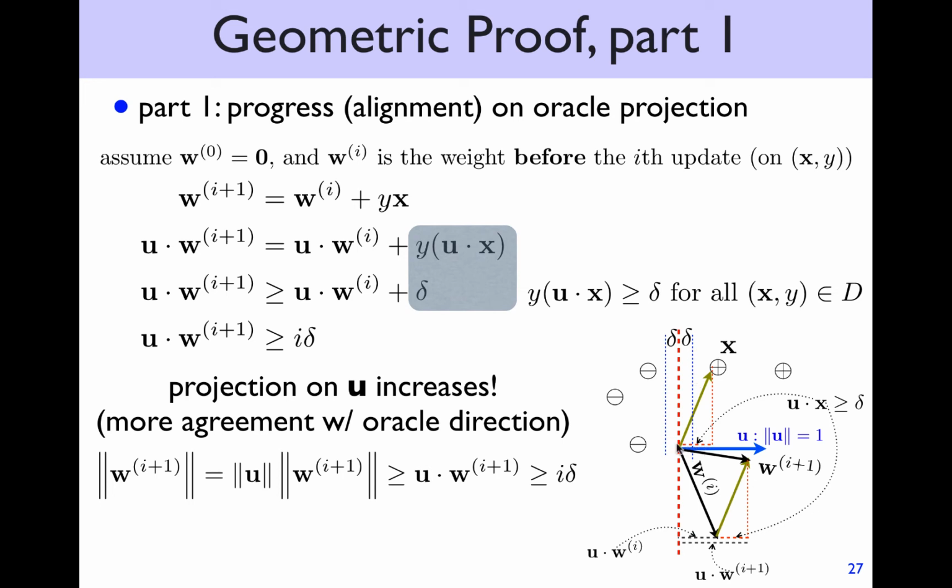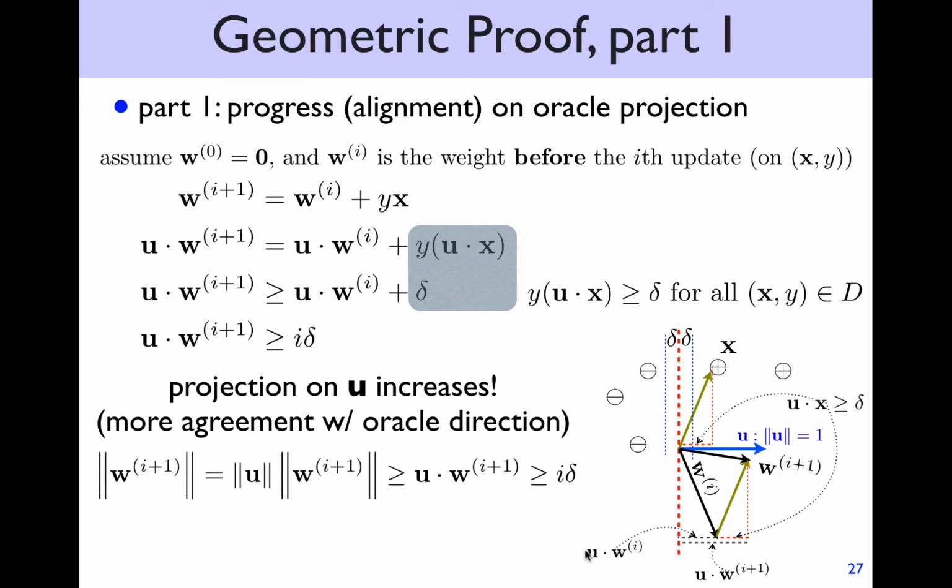So this projection is at least delta, and this, the current weight vector w of i, if you project it to the oracle direction, that's the u dot product w of i.